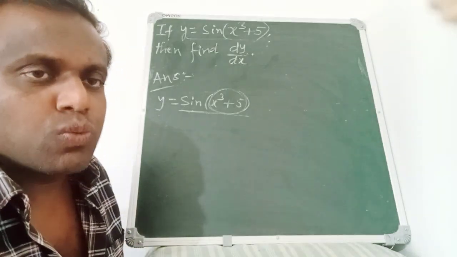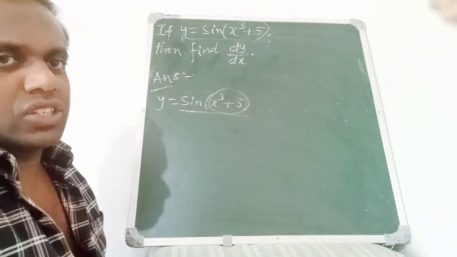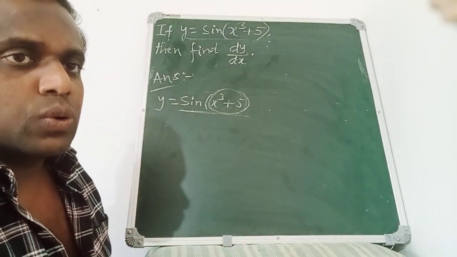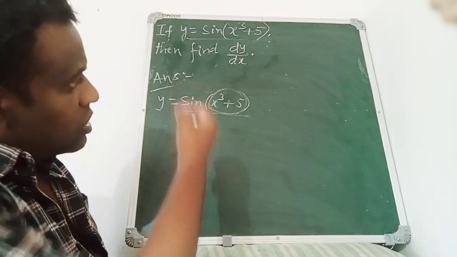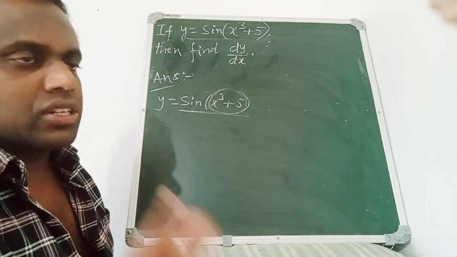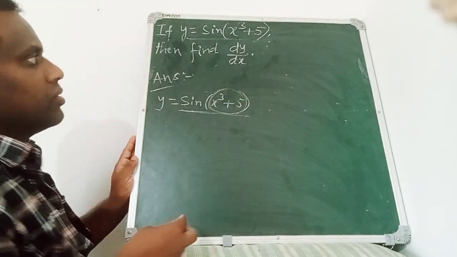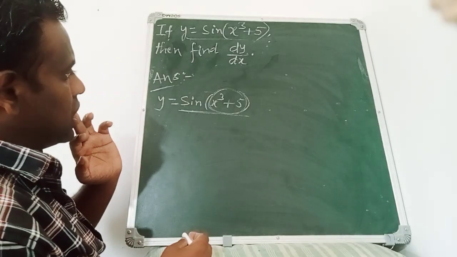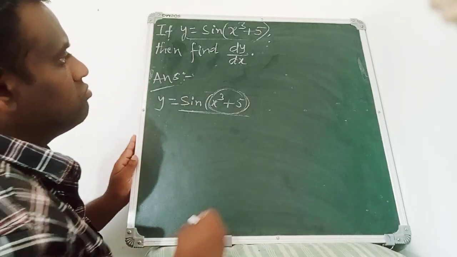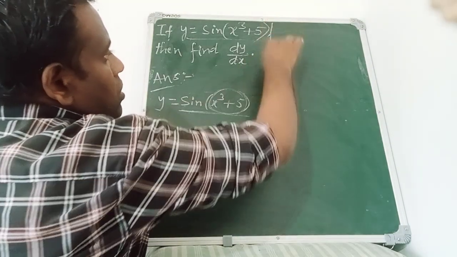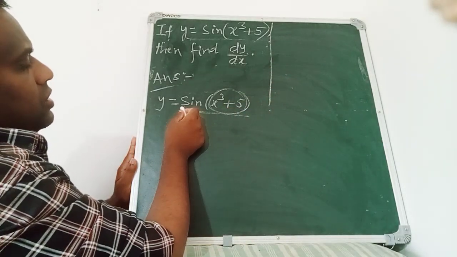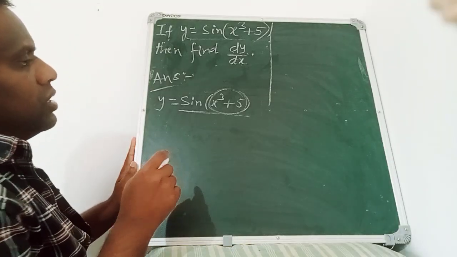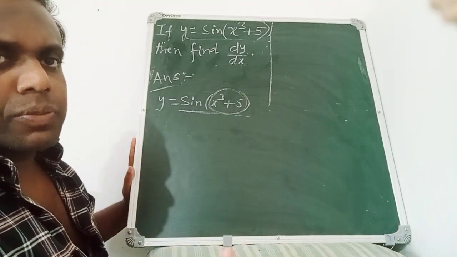So what do we have to do when there are two functions? At that time we have to use the chain rule. Chain rule, what is that? I will start solving the problem and explain, and you will understand. First, differentiate both sides with respect to x.